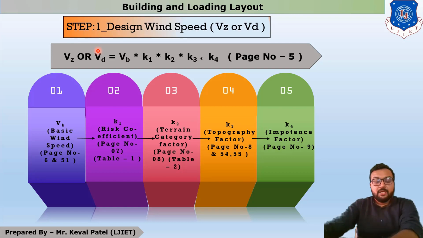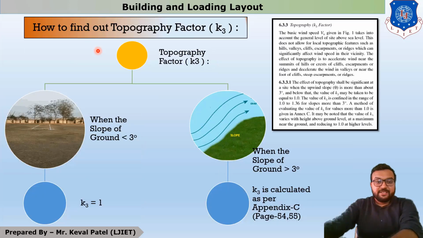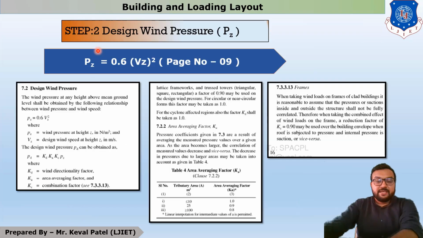Okay, clear? Now our second step is design wind pressure, which is denoted by PZ. Now first of all, what is the equation of PZ? The equation of PZ is 0.6 VZ square. This equation is given on page number 9.